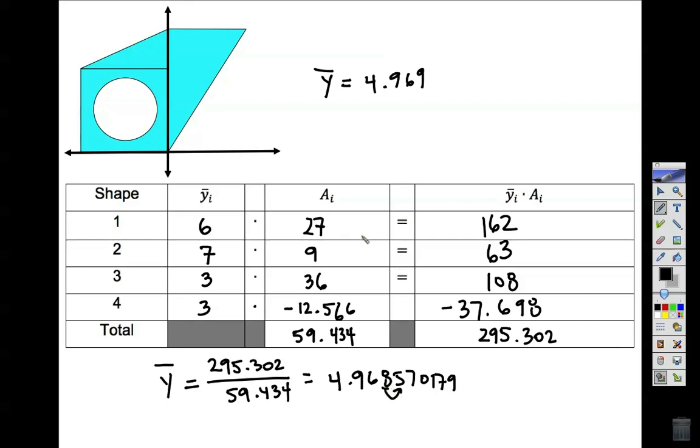So the overall centroid of this complex shape equals negative 0.577, comma, 4.969.